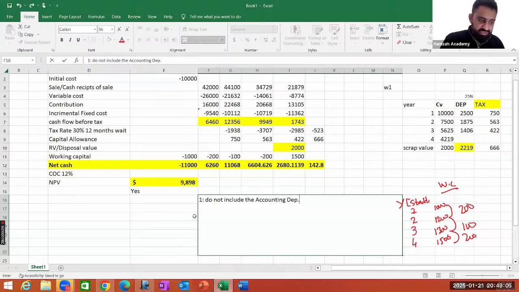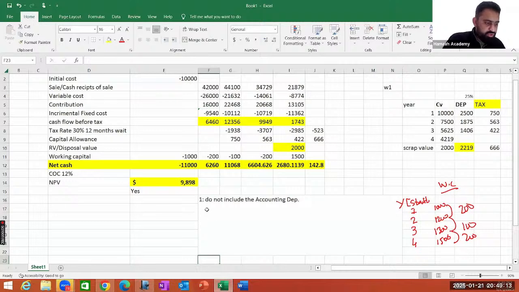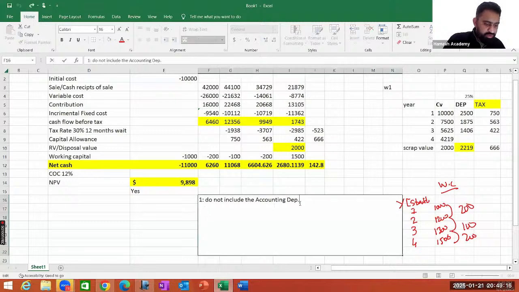It is a cash based method. So we do not include non-cash expenses or non-cash income. So accounting depreciation should not be used in the calculation.